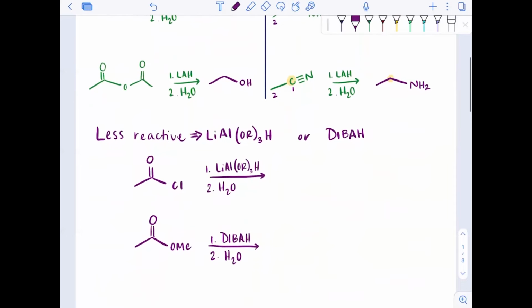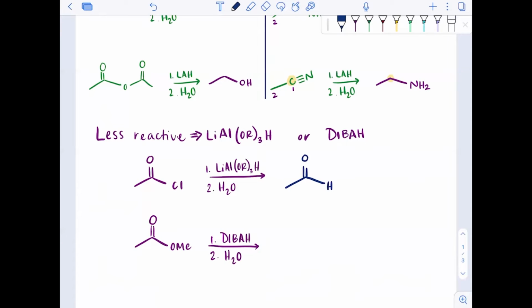Now, if you're stuck in a synthesis and you want to go back to our aldehydes, you want to use a less reactive hydride reagent. These were our 2 options. The lithium aluminum variety here with our tri-oxygen component, or tri-ether, is solely for acyl chlorides. And so when those acyl chlorides react, you can stop at the aldehyde.